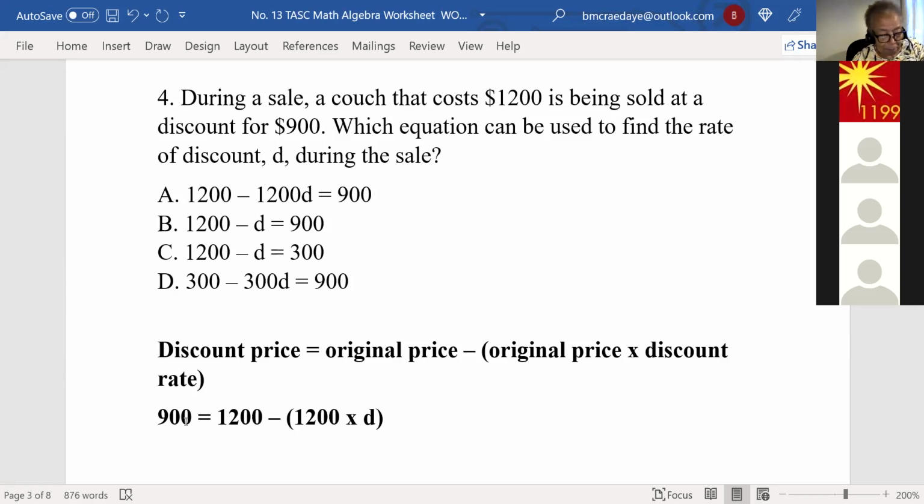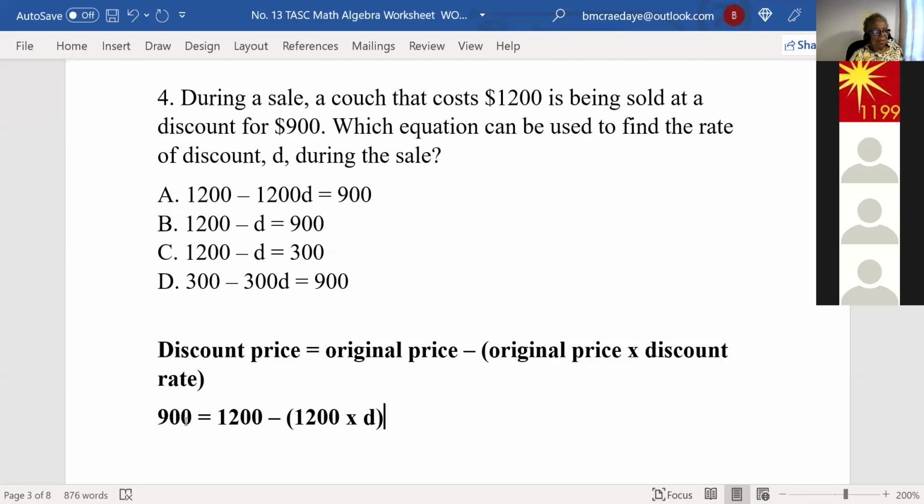Which one, Vanessa? It has 900 equal 1,200 minus 1,200 times D, the discount rate. A, B, C, or D?